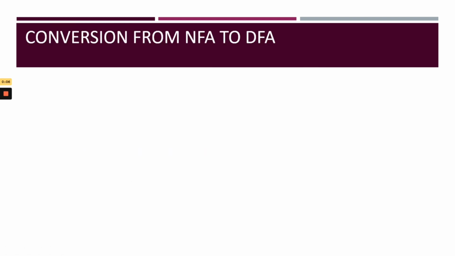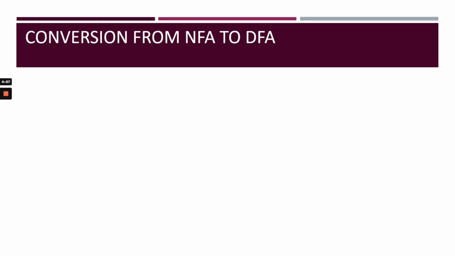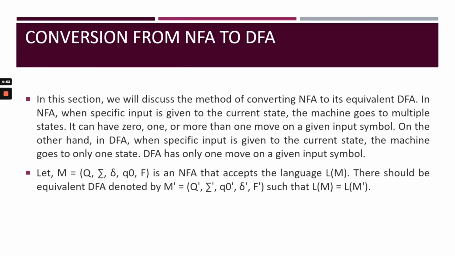So next we can see the conversion from NFA to DFA. In this section, we will discuss the method of converting an NFA to its equivalent DFA. In an NFA, when a specific input is given to a current state, the machine can go to multiple states.